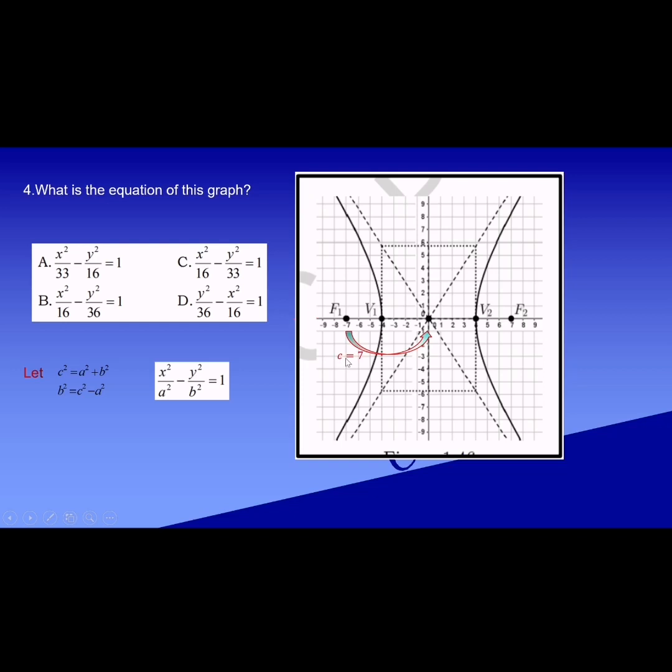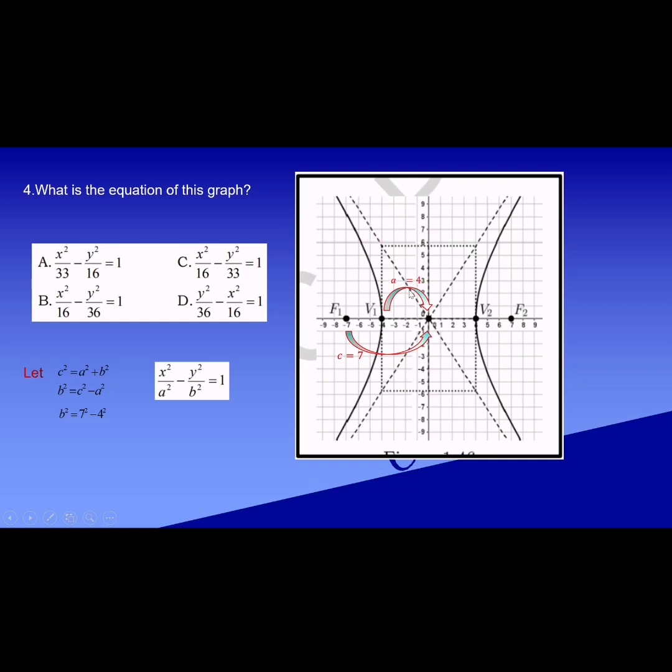So the foci here, c units away from the center, c is equal to 7. That is 7 squared. Then our a, that is represented by the vertex. Ibig sabihin yan, a units away from the center.